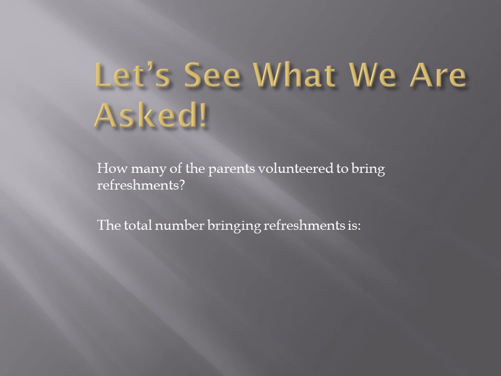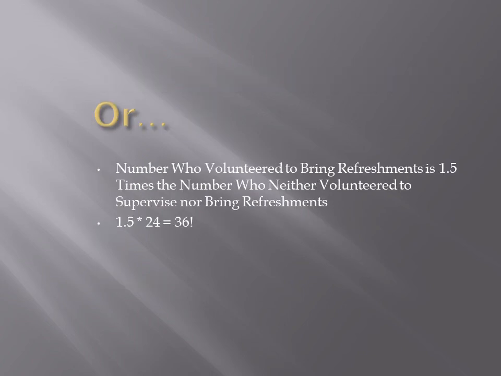So the total number bringing refreshments is 11 plus X, which is 11 plus 25, or 36. So 36 is the answer we're looking for here. The other way you could find that is the number who volunteered to bring refreshments is 1.5 times the number who neither volunteered to supervise nor bring refreshments.